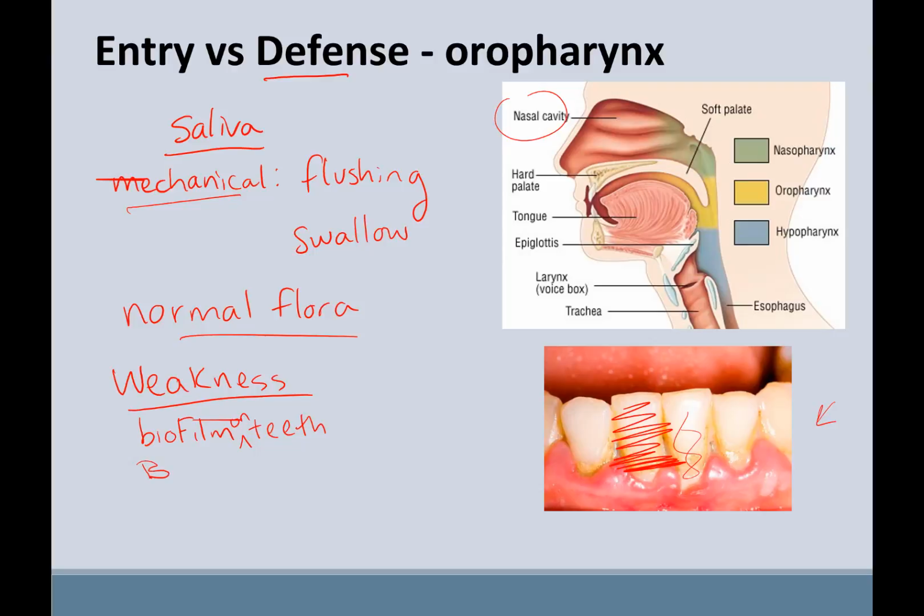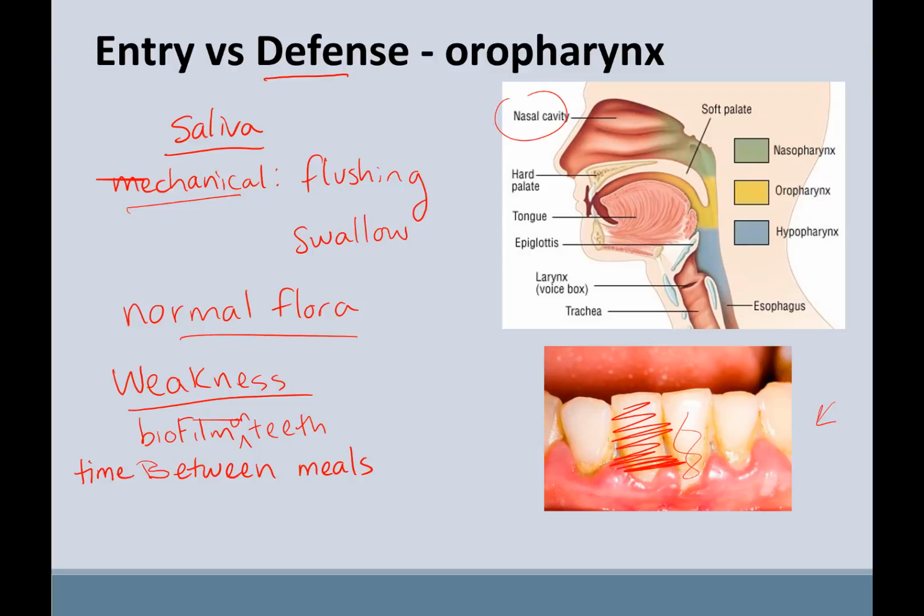So the time, I'm trying to write on this here, the time between meals. Okay. So you actually get dehydrated a bit, and as you dry out a little bit, you're allowing bacteria to start attaching and multiplying. So we swallow less.